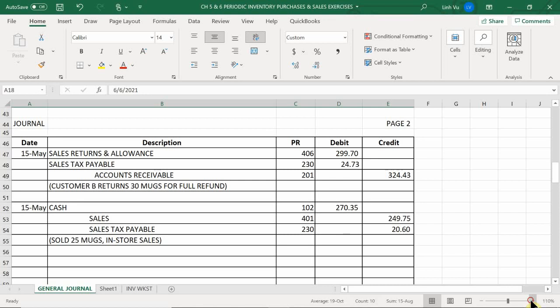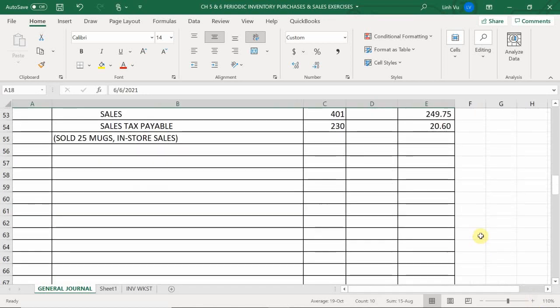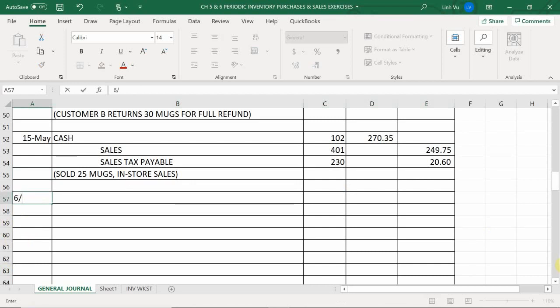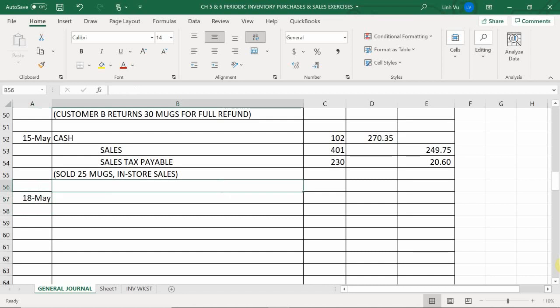So because customer A is paying in full and with cash, how are we going to record that they've made a payment? First is cash, right? We received cash. And accounts receivable.